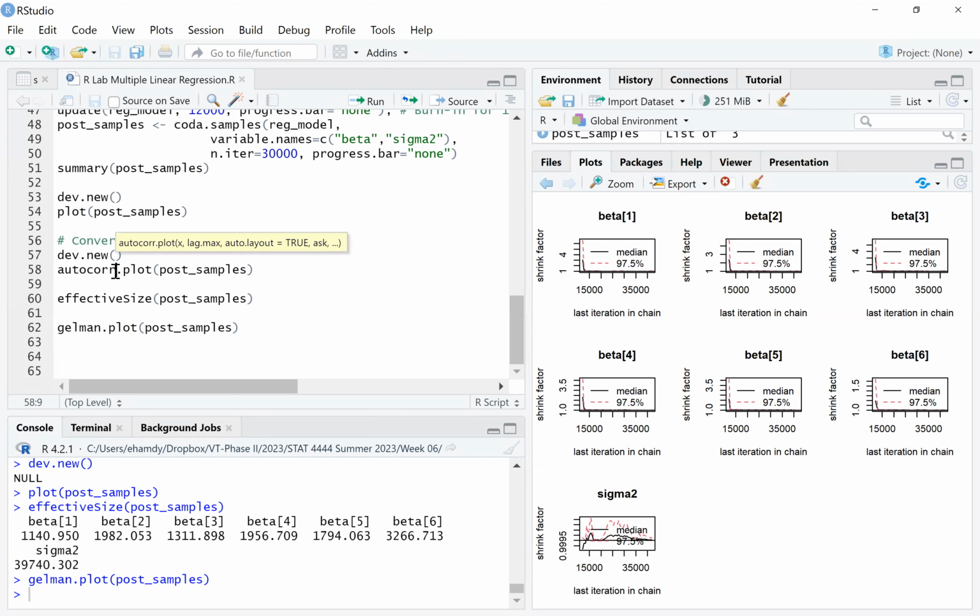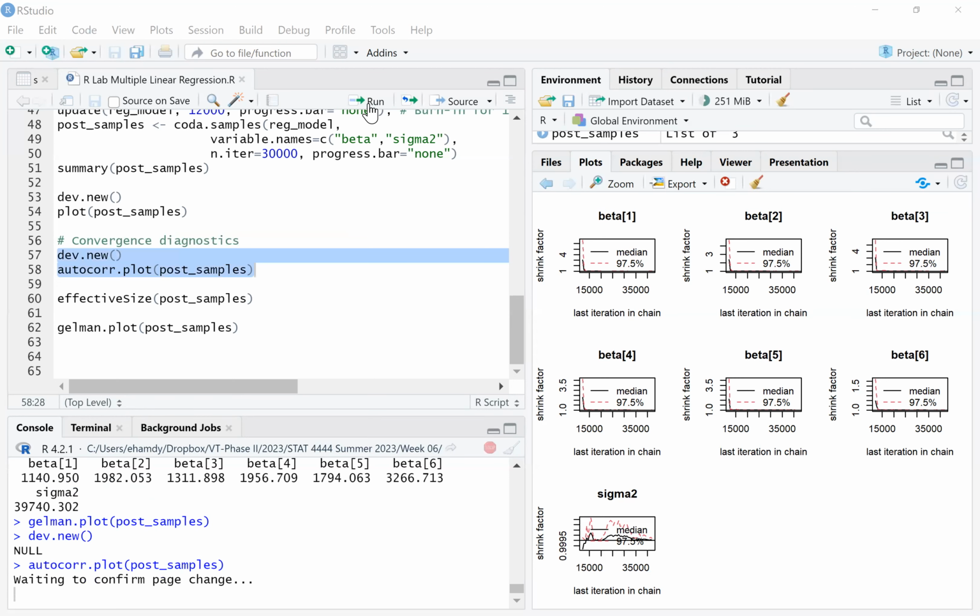But I know there is some autocorrelation for the generated samples. So let's look at the autocorrelation. See, there is some autocorrelation, because this one is not close to 0. This one for beta 0, beta 1, beta 2, beta 3, beta 4, beta 5.